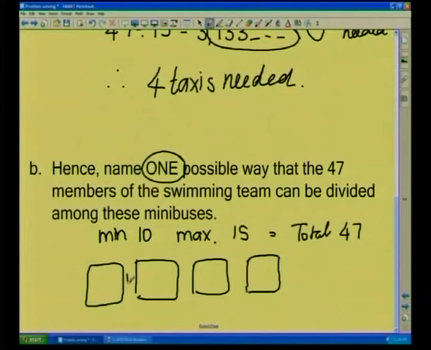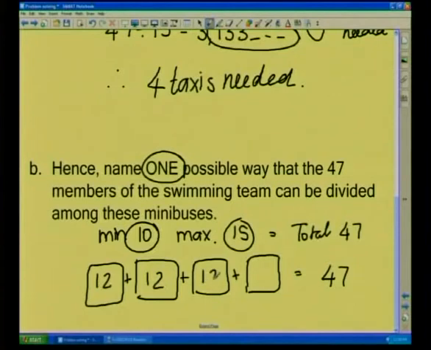So when I add them all up, they need to equal 47. And I need to choose numbers that are above 10 and below 15 that add up to 47. And obviously there's going to be lots of different options. So let's add 12 and 12 is 24, plus another 12 is 36.